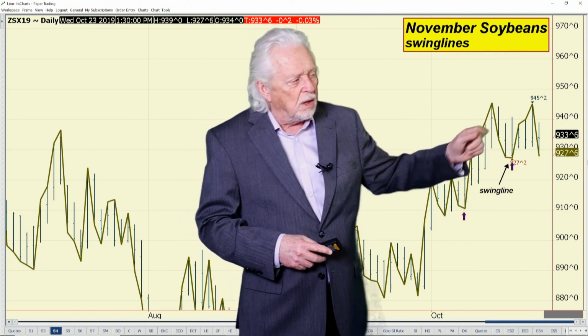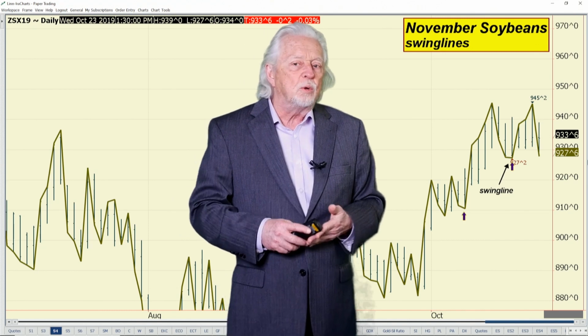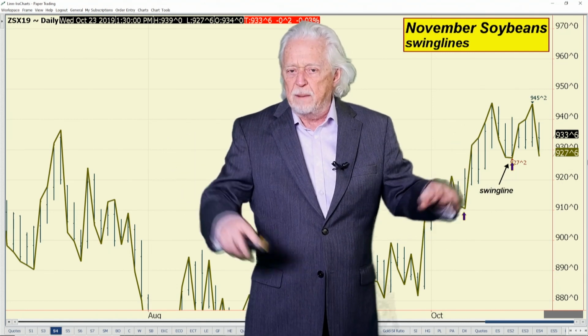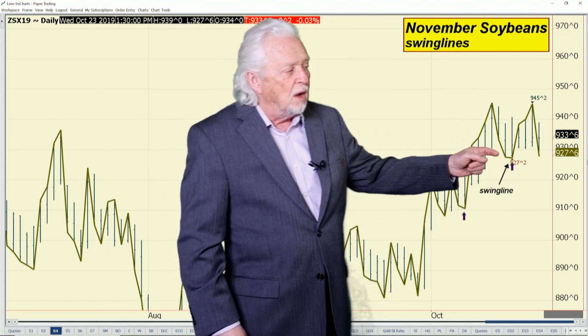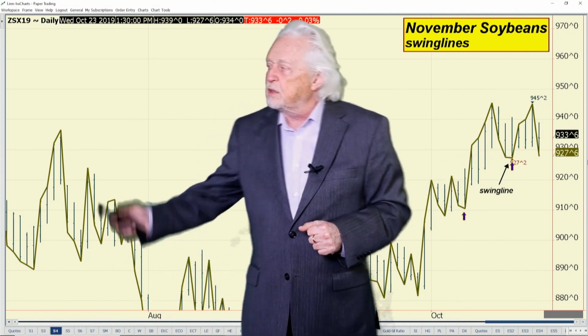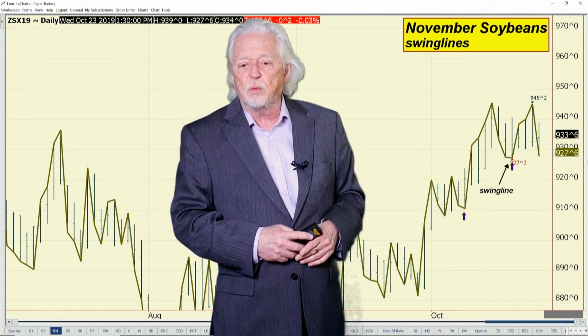In a downtrend, lower highs, lower lows, and no trend has in some combination a higher high and a lower low, but they're not stepping ladder impacts at all. This is an uptrend until the market takes out 927 and a quarter. If you look at today's low in the market, it was 927 and 3/4, wasn't able to get through that. So the trend is still up according to the swing line.